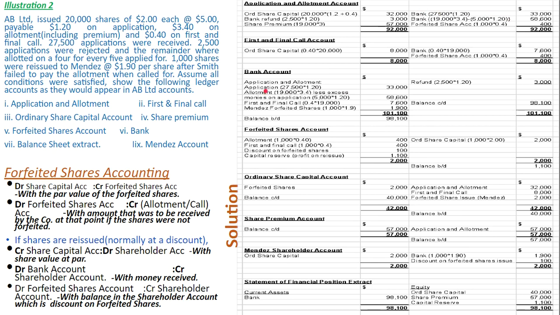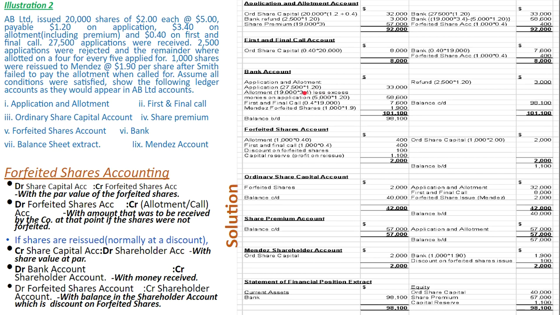Next, we have the allotment monies received. Remember, we said on allotment, the company issued 20,000 shares. Of the 20,000 shares, 1,000 Smith failed to pay on allotment. Therefore, the company received money for only 19,000 shares. So we will go to the allotment stage. 19,000 multiplied by $3.40 less the excess monies on application.